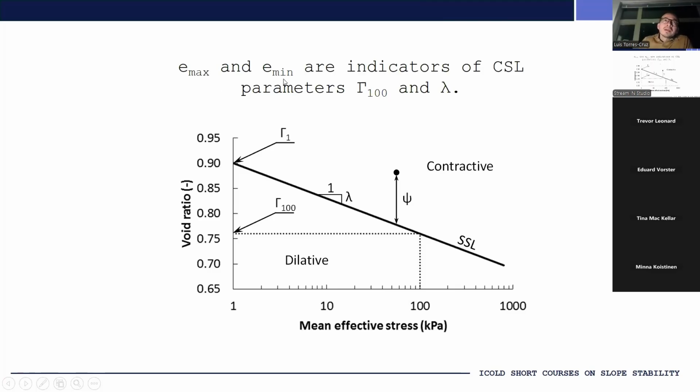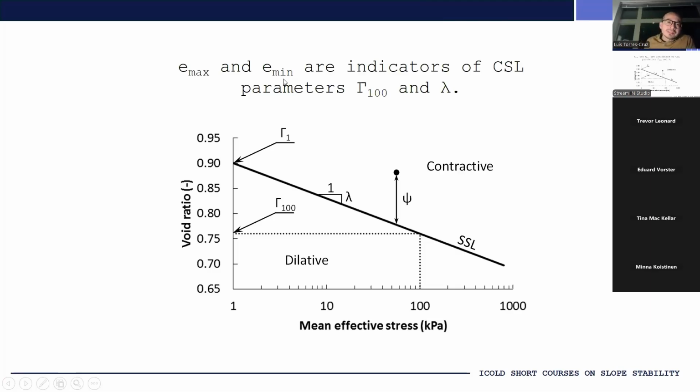Any type of soil can exist in a variety of densities, right? So any soil can exist either in a very loose condition or in a very dense condition. Theoretically, there should be limits on the density that a soil can attain. There is a limiting dense condition and a limiting loose condition.